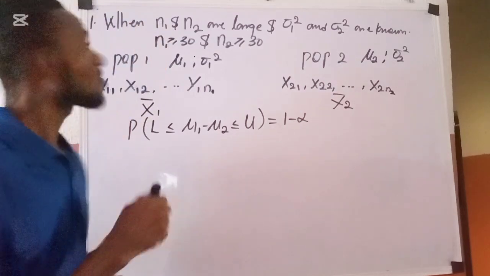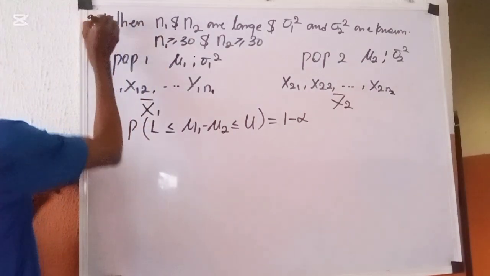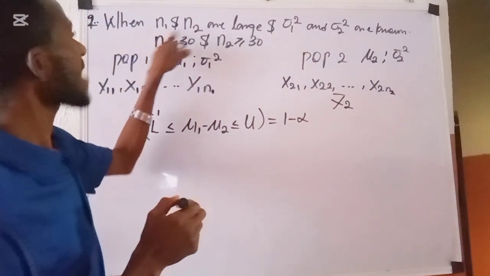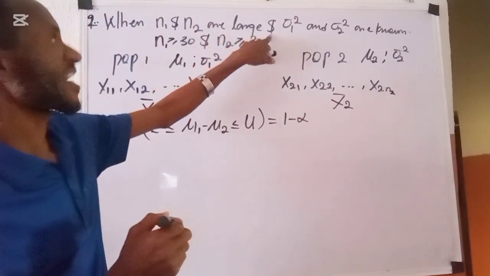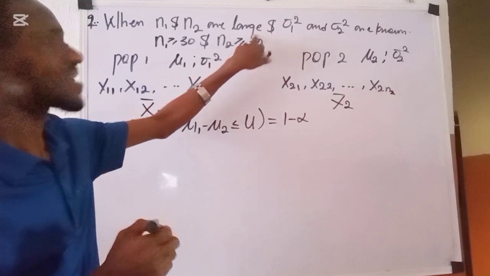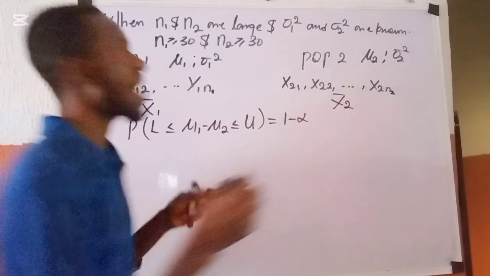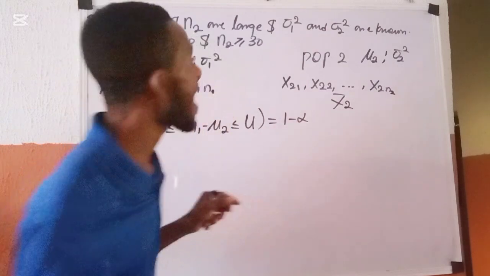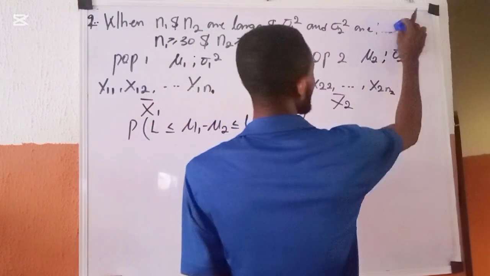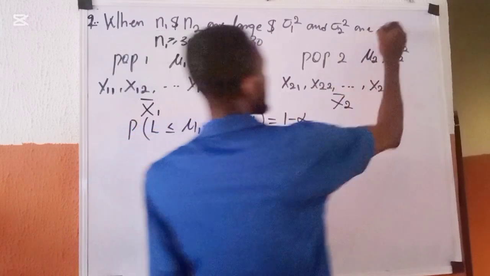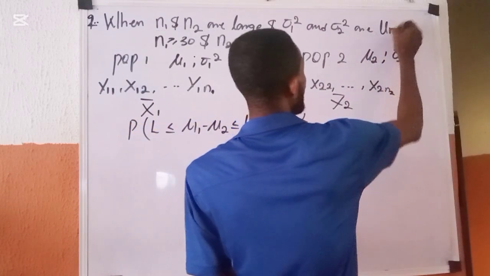The second condition we have, I'm going to put it as number 2, is when n1 and n2 are large and sigma 1 squared and sigma 2 squared are unknown. Before, they were known. This time around, unknown.